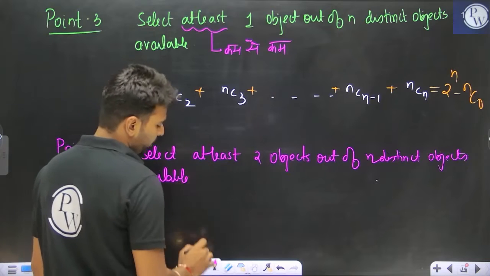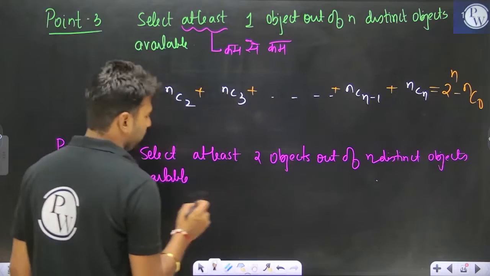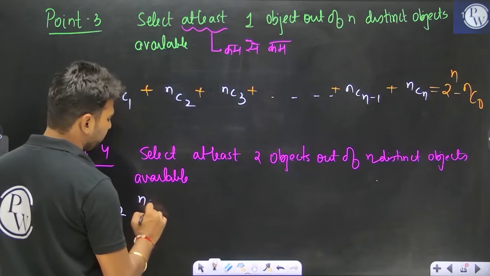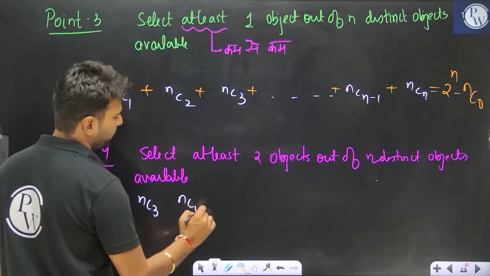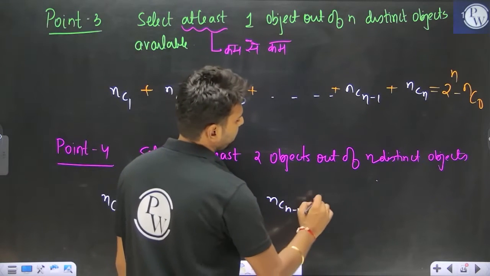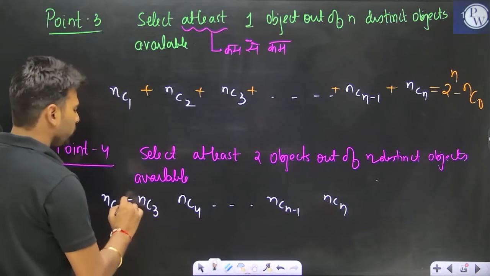Now here, at least 2 people you have to select, which means if you are selecting 2, that is fine. If you are selecting 3, that is also fine. If you are selecting 4, that is also fine, and so on till all of them. So the summation of all this has to be your answer.